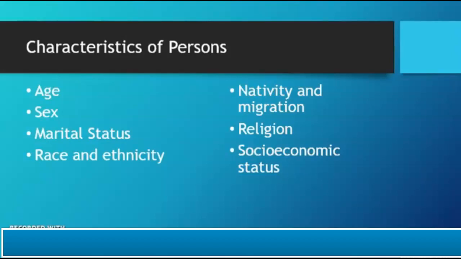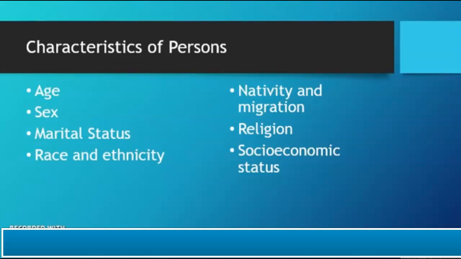and 30. Not only age is a factor, but gender, sex, is many times a factor. Marital status has been shown to be a factor. Race and ethnicity are also traditional aspects that have been shown to affect the prevalence of certain conditions.